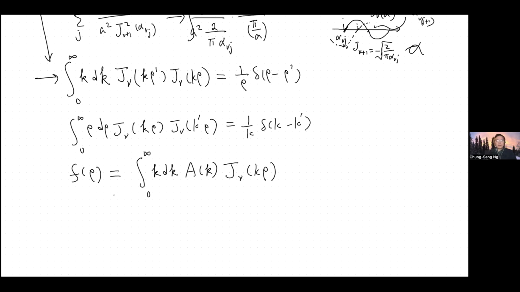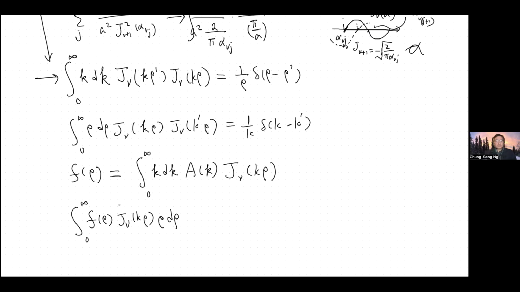Okay, and now to recover the formula, how you calculate a, we use one of these forms of the integration. In this case, we use the second one. Basically, we multiply the f rho with j nu k rho and multiply by rho d rho and integrate from 0 to infinity, right?